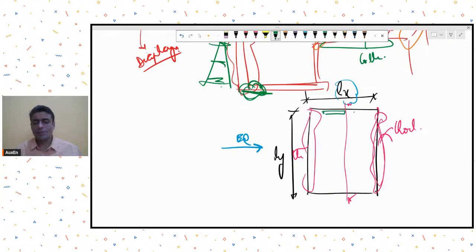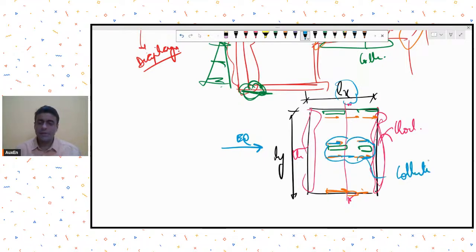Of course, it depends on the position of vertical members, but in-plane shear transfer will take place near these zones. Just like imagine a case if this was a beam, shear transfer would take place over here. So these zones will be called as collectors because they are collecting the forces from slab and transferring it to the vertical elements.